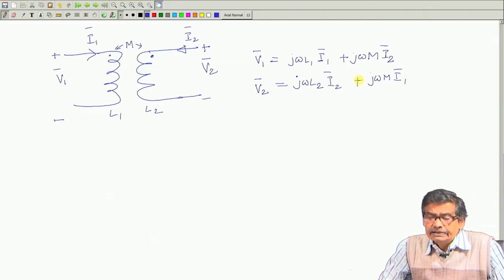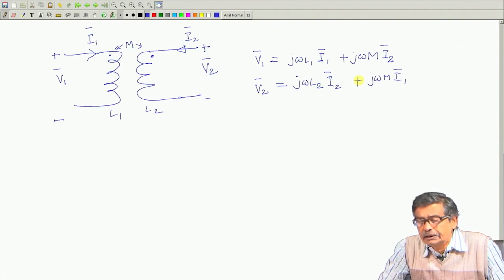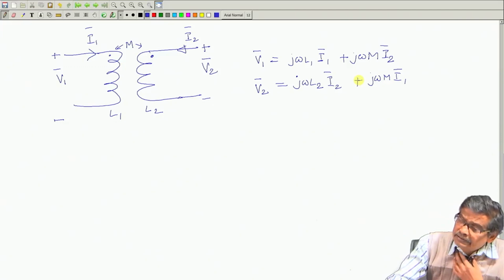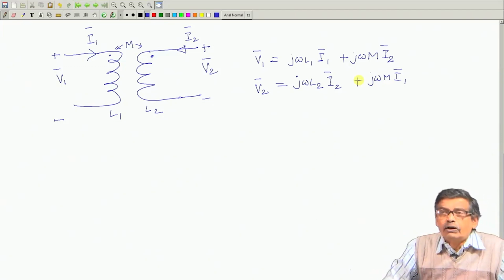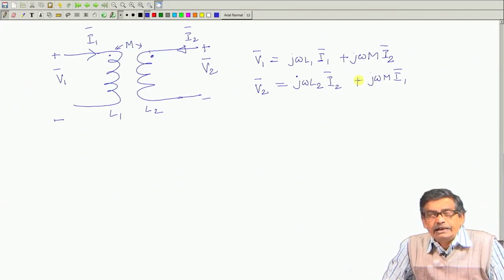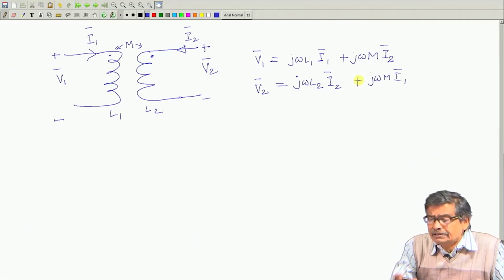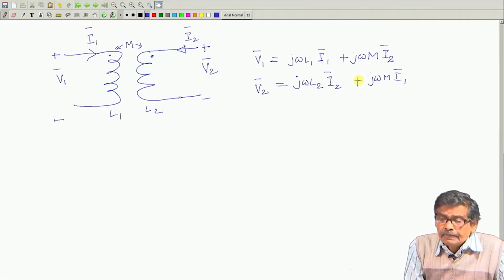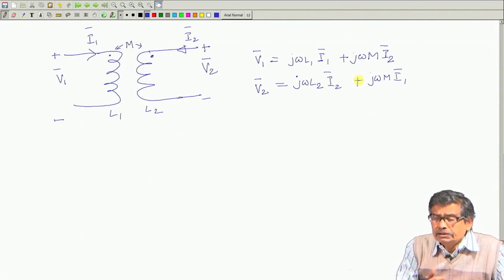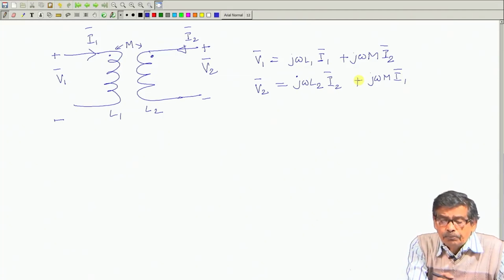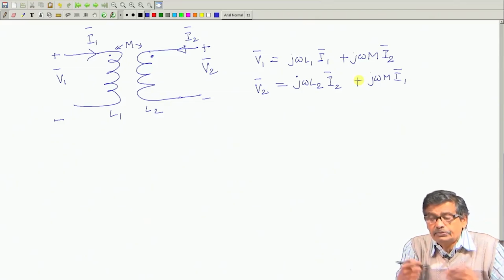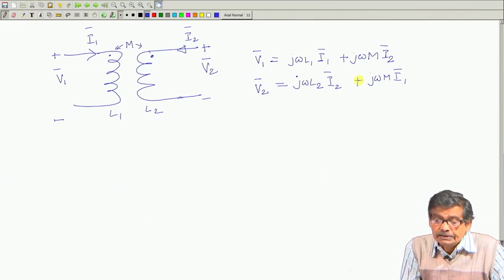Therefore, in steady state analysis, when the input signals are sinusoidal, the corresponding phasor equations can also be written straight away, and please practice writing them correctly. You will be able to write the equations correctly when the polarities of the voltages are shown very clearly, which one is plus, which one is minus.